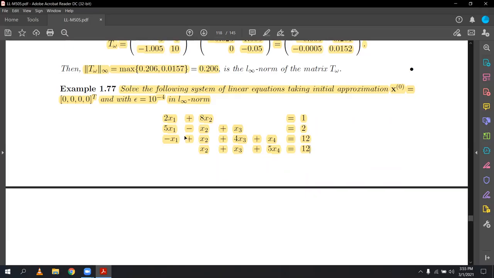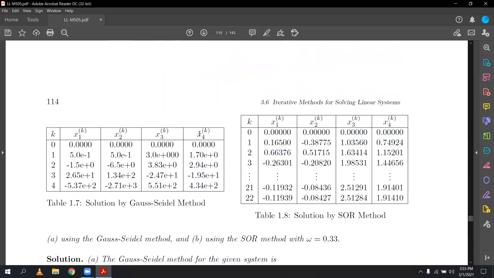So what I did with this system, I used two methods, SOR and the Gauss-Seidel method. When I used the Gauss-Seidel method, I got this approximation, which is very strange. You see the big difference between them, changing negative to positive, positive to negative.